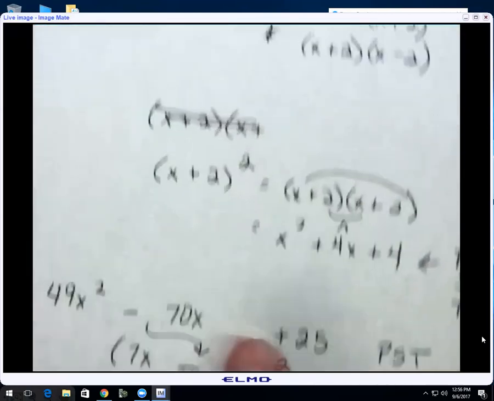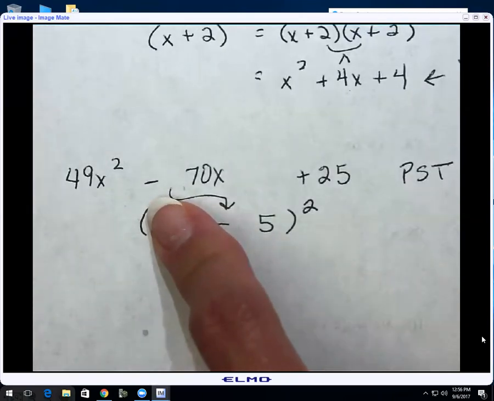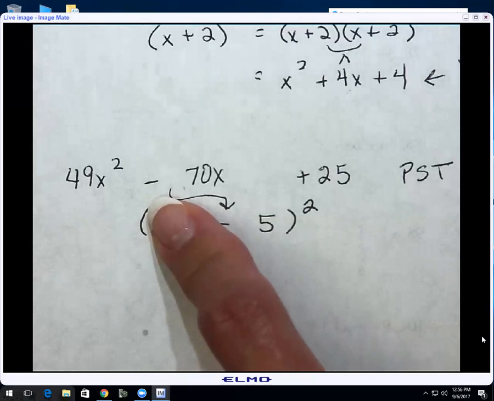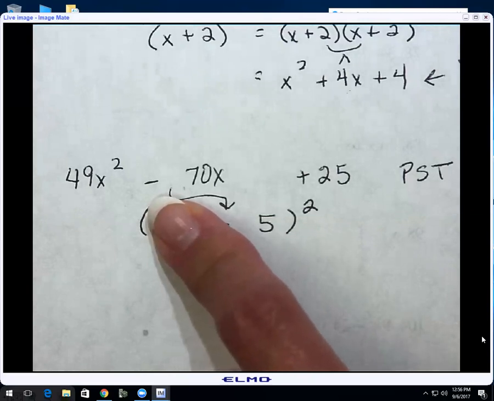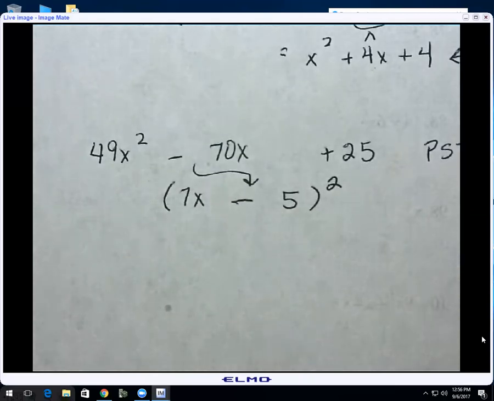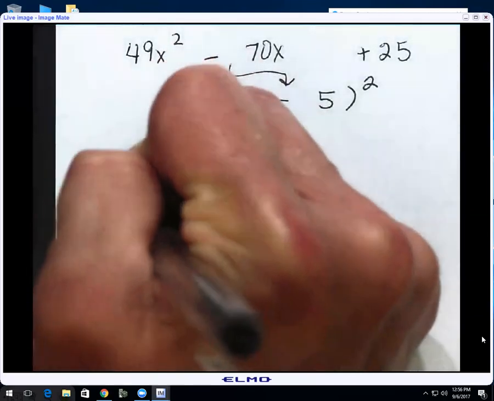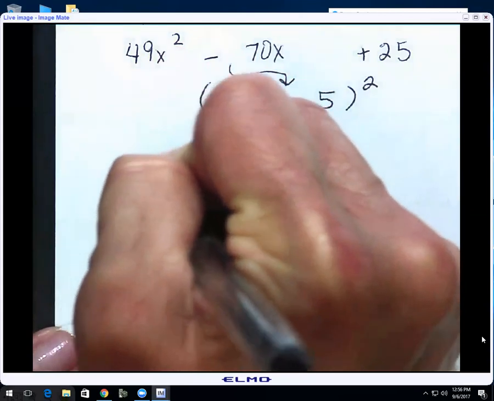But again, this problem makes perfect square trinomials worth learning. Because that one could have been really, really bad if I hadn't recognized it was a perfect square trinomial. So let's talk about the easy kinds another minute. I'm going to make up 4 problems, and I'm going to teach you something about the easy kinds.